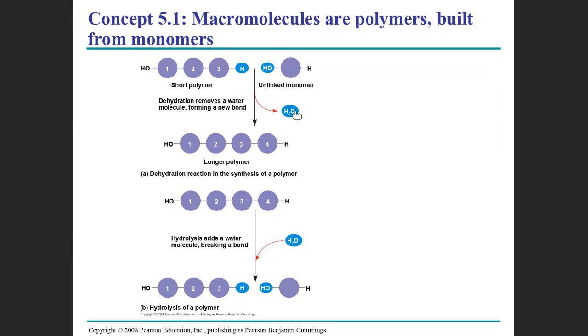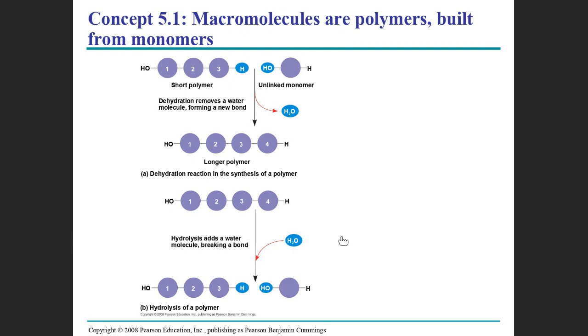So water gets lost when the bond is formed. If we break that larger molecule into smaller pieces, we use water to do that. So we add water, and we call that a hydrolysis reaction.